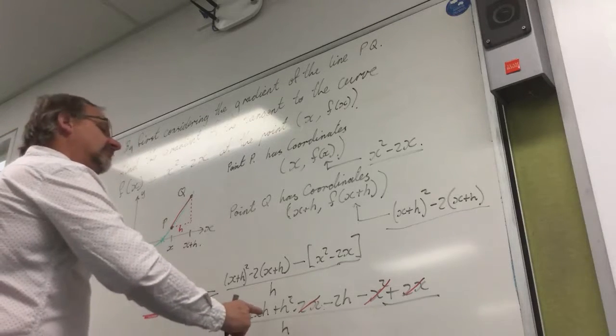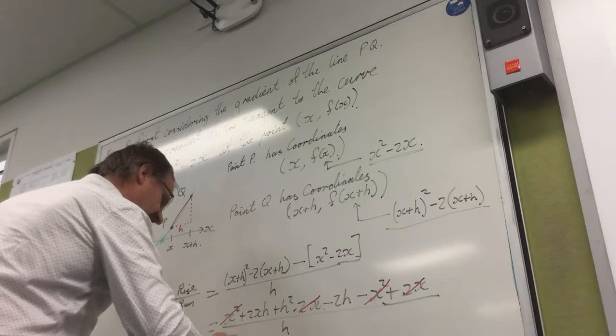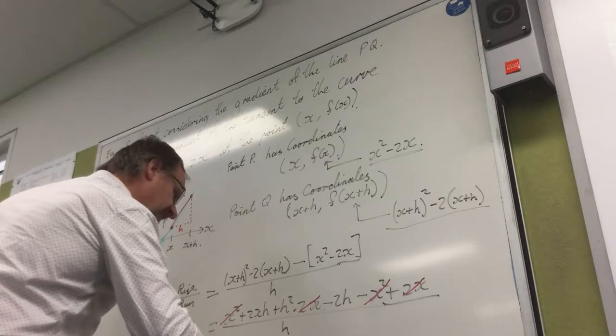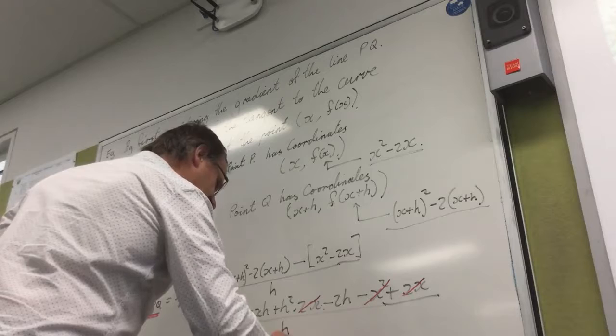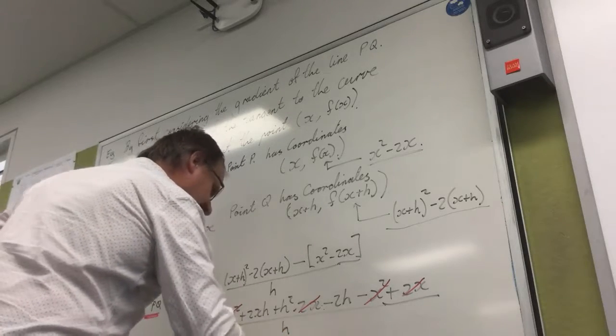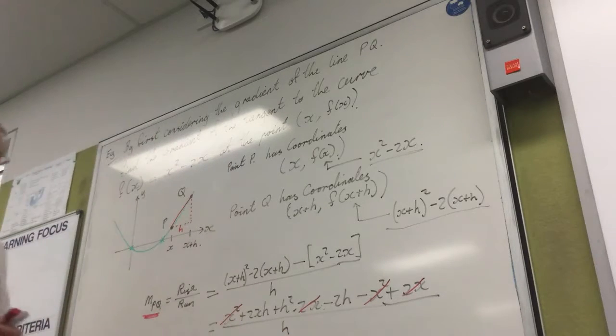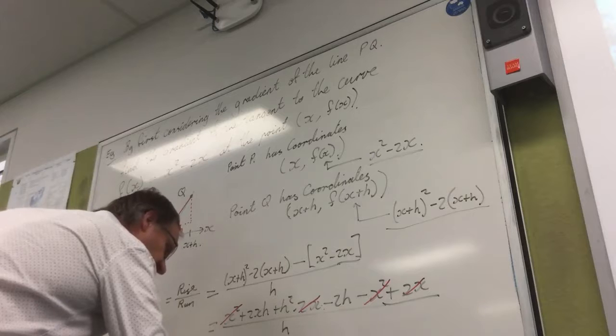So what have we got? We've got an h squared term, a 2xh term, and a minus 2h term, all over h. What do you notice about that? You can cancel out some h's. Well done.